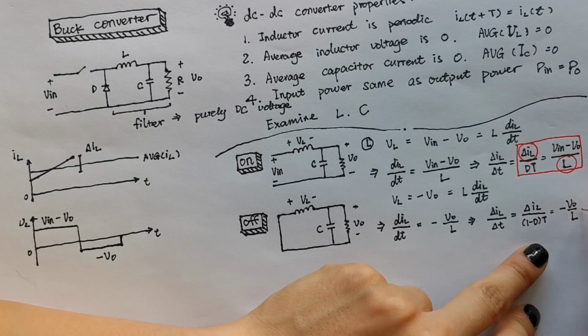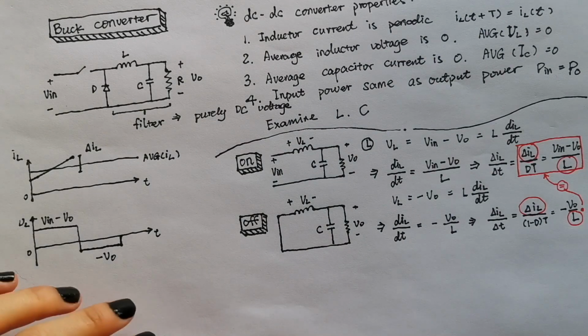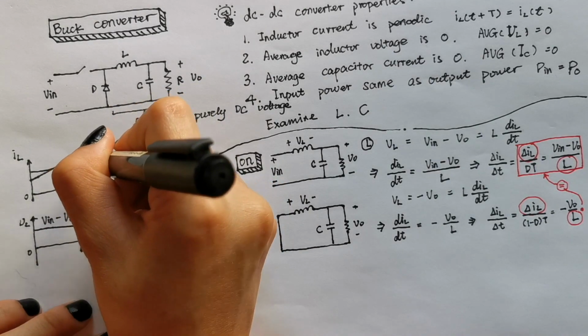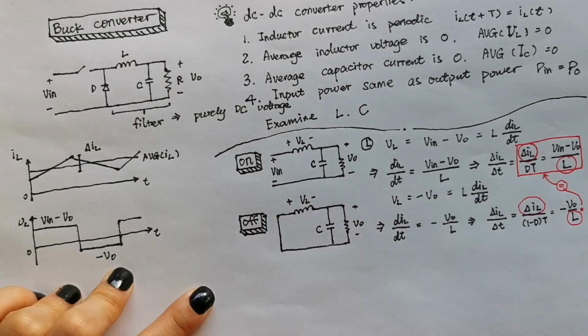We can also use this equation to calculate the current ripple. They are the same. Steady-state operation requires that the inductor current at the end of the switch cycle be the same as that at the beginning. So around the average current, the inductor current goes like this.